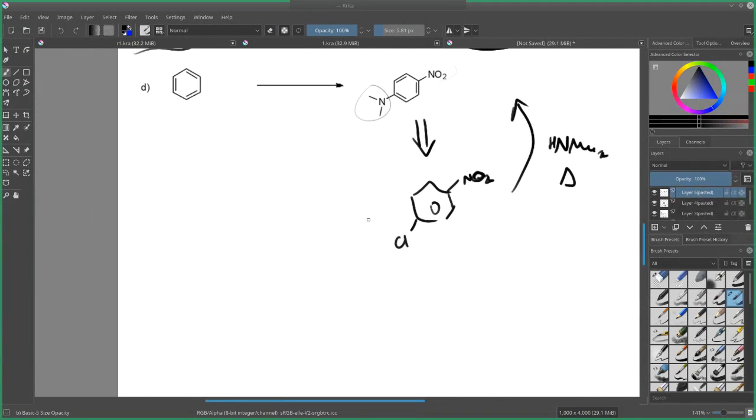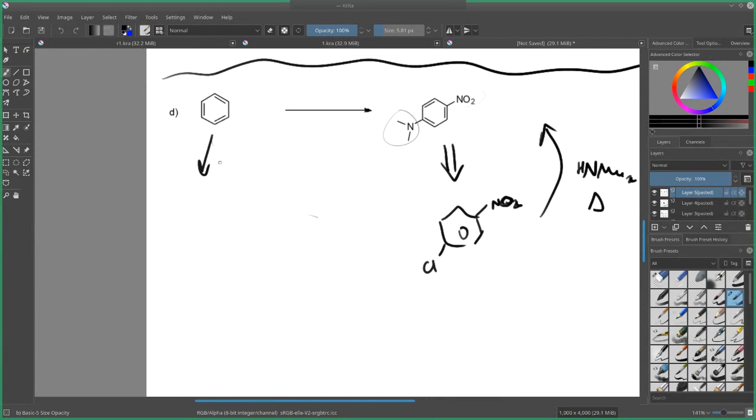And from there, well, we know how to get this, right? The chlorine is ortho-para directing. So how about we chlorinate with aluminum trichloride, Cl2.